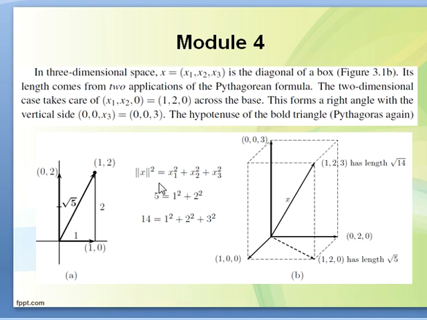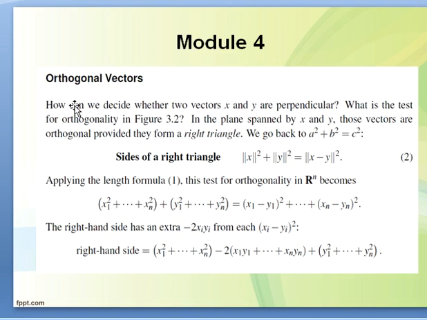So by using this, the Pythagoras theorem is applied for n dimensions. So when we apply this, we get the things in this way. So the condition for orthogonal vectors is this one by the Pythagoras theorem.